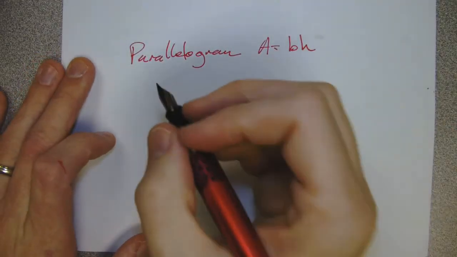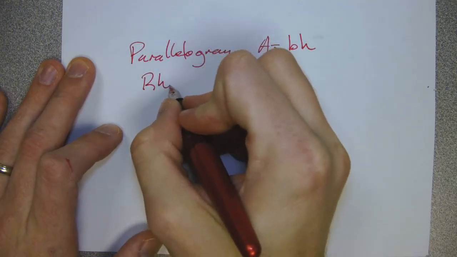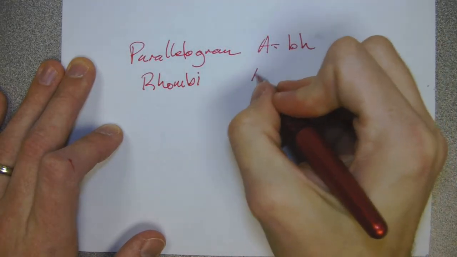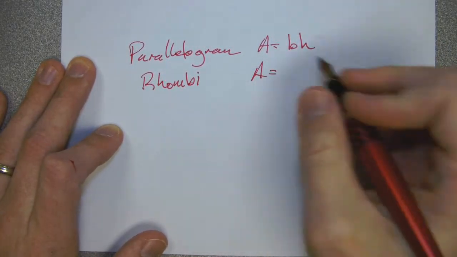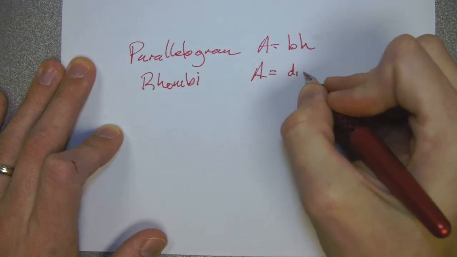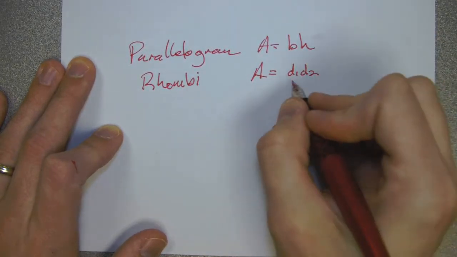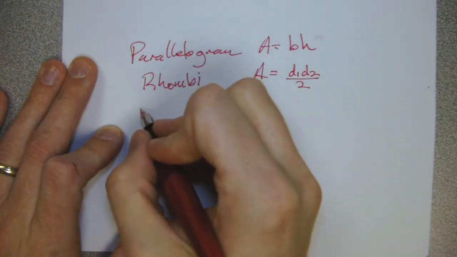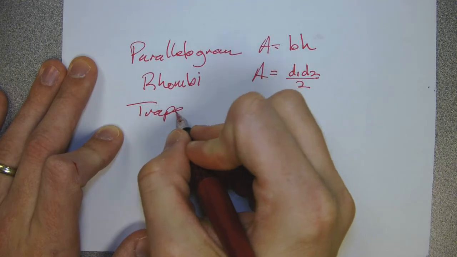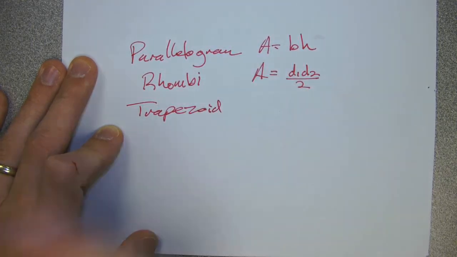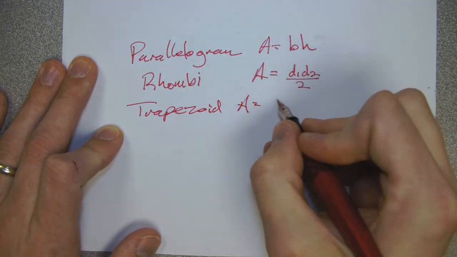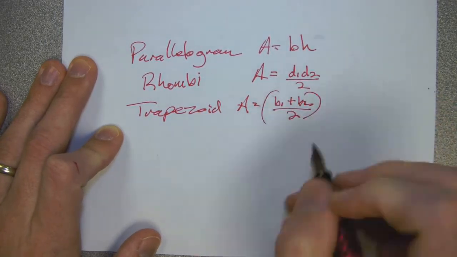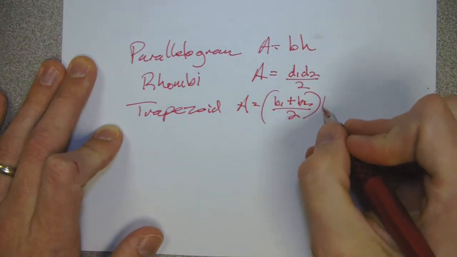Specifically, though, we said if you have rhombi, so that includes a square, then we said another way to write their area formulas is diagonal 1 multiplied by diagonal 2 divided by 2. If you have a trapezoid, then we said the area formula there would be base 1 added to base 2 divided by 2. So again, giving you that average multiplied by your height.